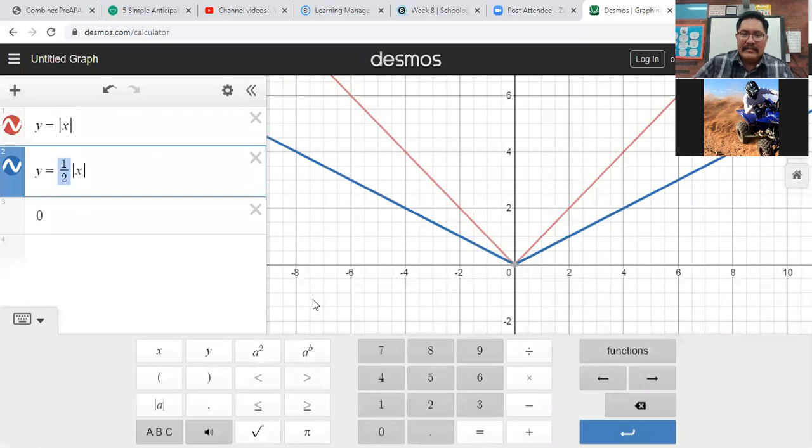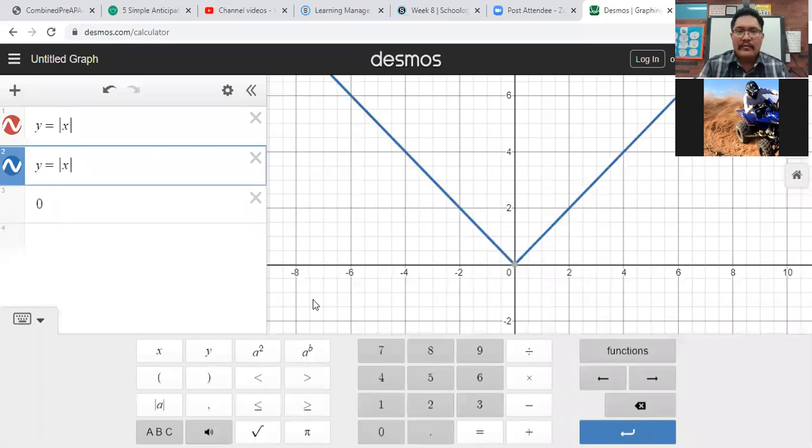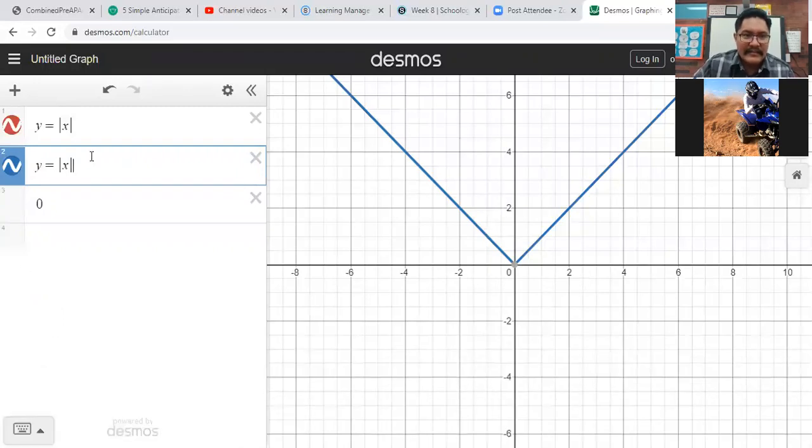And I'm going to go ahead and erase this. And now that they're both parent functions, the really basic functions, I'm going to push the minus sign on the keyboard. And let me take this down so you can see it a little bit easier. Here we go. 3, 2, 1. Ah, I moved the cursor, sorry. 3, 2, 1, boom.